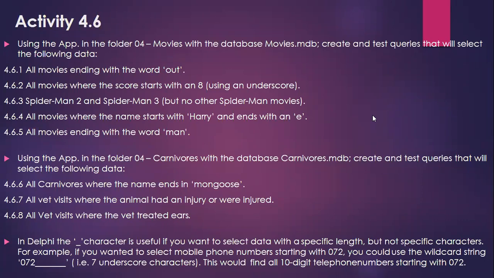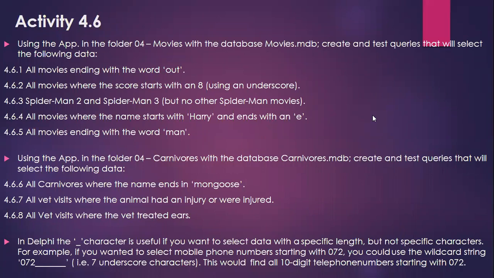Just put a space for me between the word like and your specification. And you have forgotten your semicolon. Okay, let's see here. Select star from TBL movies where score like 8 and you're using an underscore. Well done, Kagiso. Well done, guys. See, this is so easy. I love SQL. I wish we could actually just code in SQL.